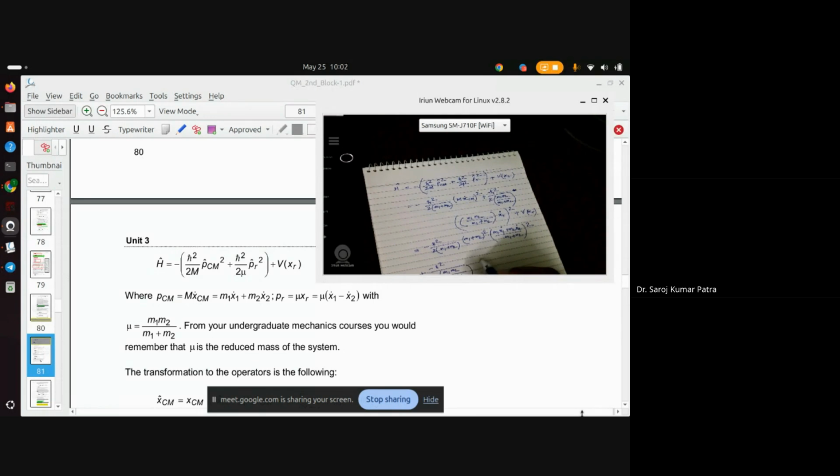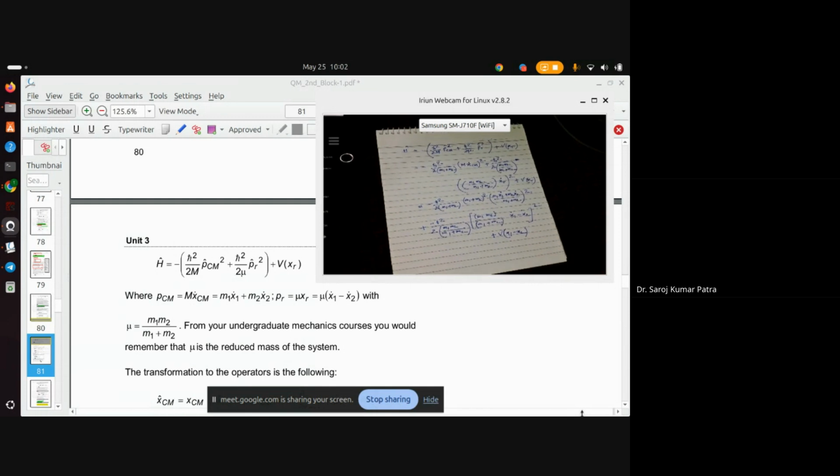Then again we will have m1 m2 by m1 plus m2. XR is x1 minus x2, so x1 dot minus x2 dot, whole square, plus V of x1 minus x2.